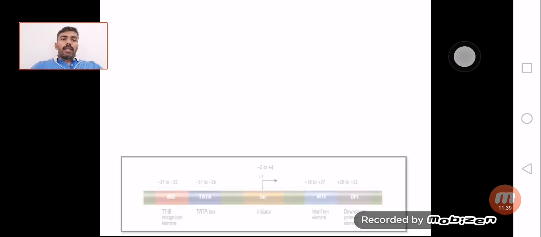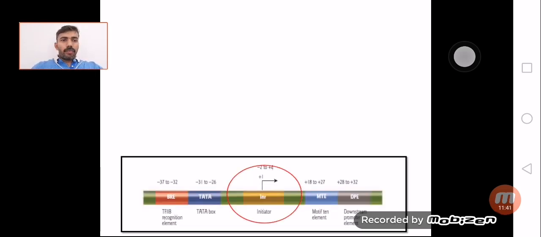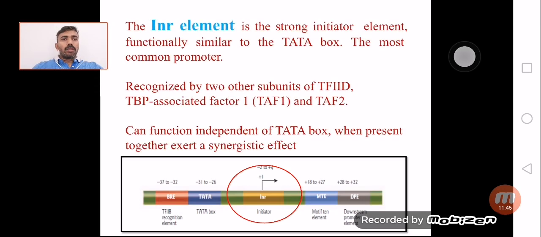Yes. So we will start the discussion with the first element called the INR, or the initiator element. As the name indicates, this covers the +1 site, and it is somewhat similar to the TATA box, which is the major promoter sequence in eukaryotes.